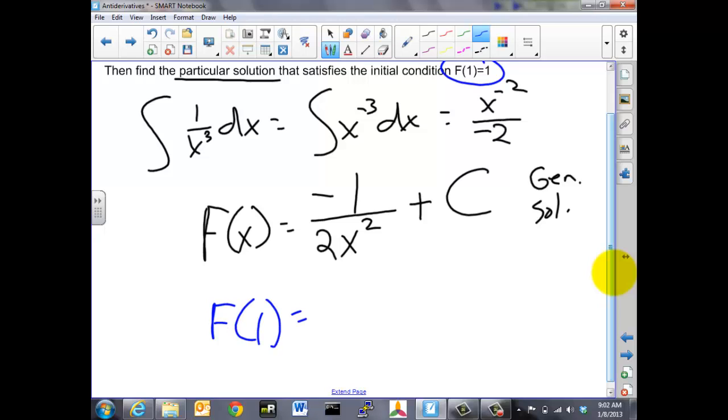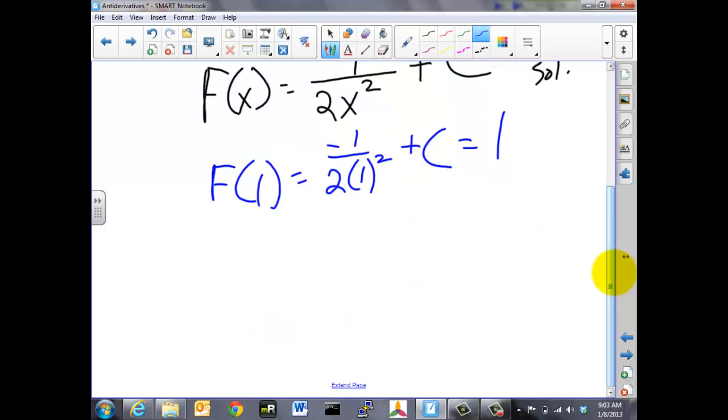f of 1 is -1 over 2 times 1 squared plus c, and we're told that equals 1. Can we figure out what c is? 1 squared is 1 times 2 is 2. We've got -1/2 plus c equals 1, so c equals 3/2.